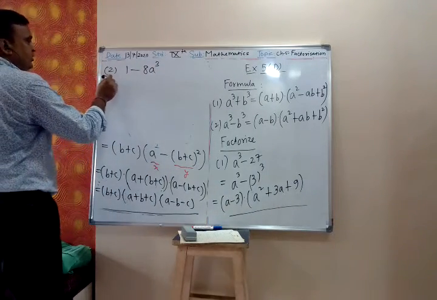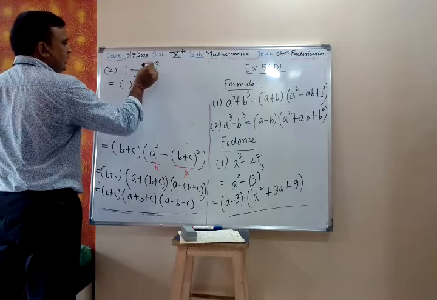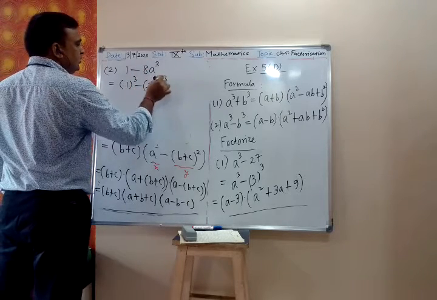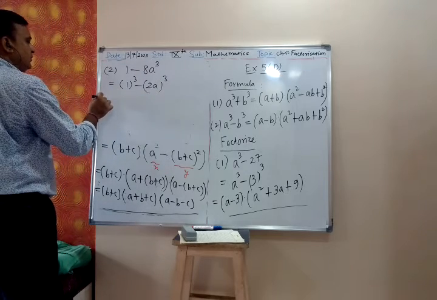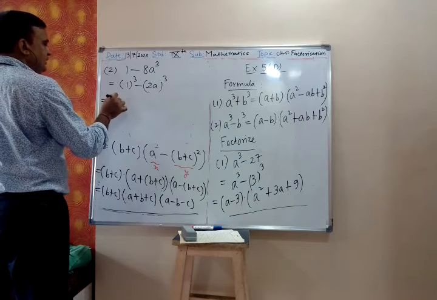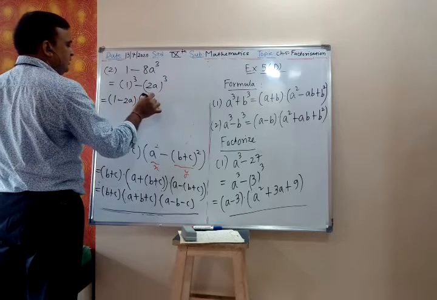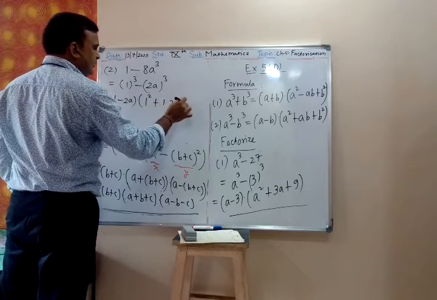Next, 1 minus 8a cube. 1 I can write as 1 cube, and 8a cube I can write as 2a whole cube, since 2 cube is 8. So a cube minus b cube is a minus b, that is 1 minus 2a, into 1 square plus 1 into 2a plus 2a square.